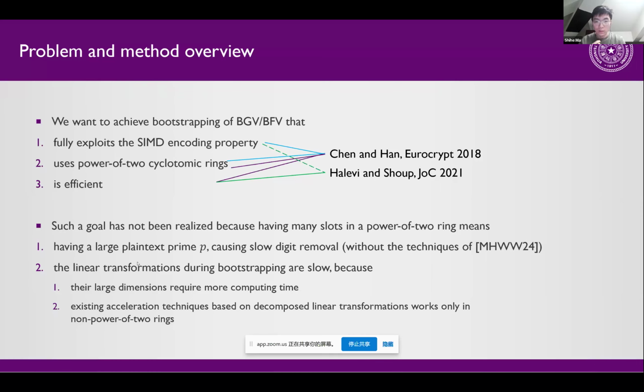For example, in the work by Chen and Han at Eurocrypt 2018, they indeed use a power-of-2 cyclotomic ring, but their method cannot be fully SIMD and efficient at the same time.